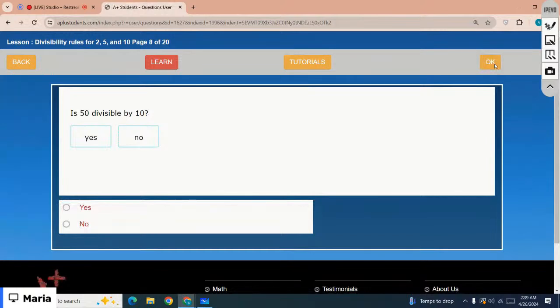Is 50 divisible by 10? The correct option is yes, it is. 50 is divisible by 10.